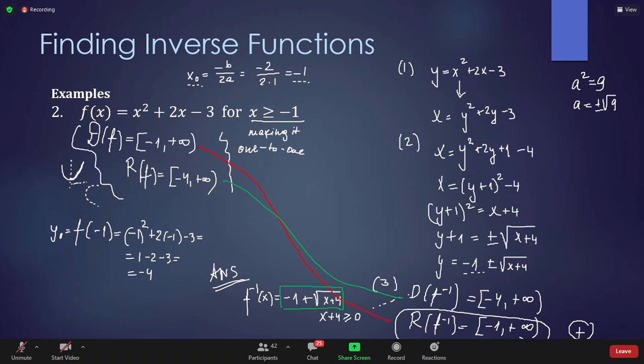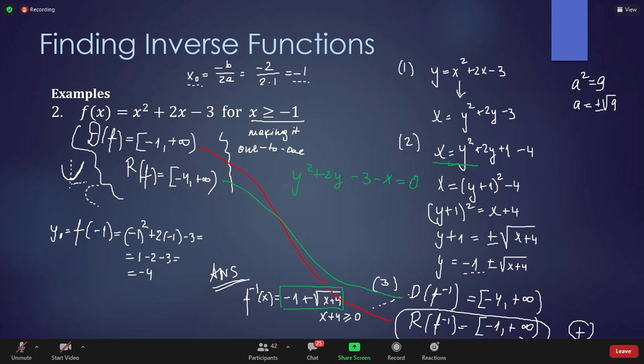The other method of solving this could be solving a quadratic equation, not exactly this, but y² + 2y - 3 - x = 0, moving it to the other side, because the quadratic equation must have a 0 on the right-hand side.